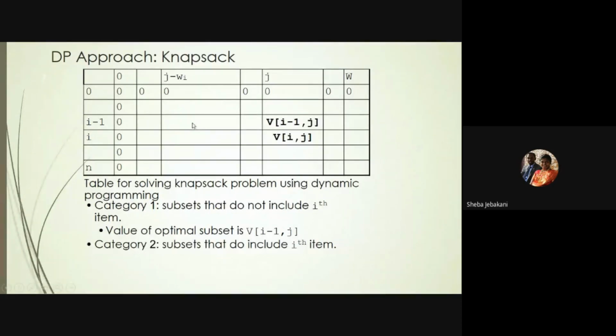Take this value over here and add the current profit of the ith element to this particular value to get the current value. That is what our formula suggests. So the value of the optimal set will be vi, that is the profit of the ith element, plus v of I minus 1 comma j minus wi. You understood this part? Yes?